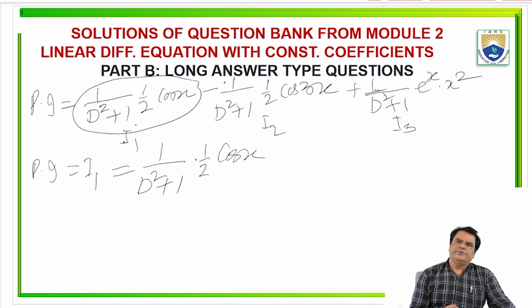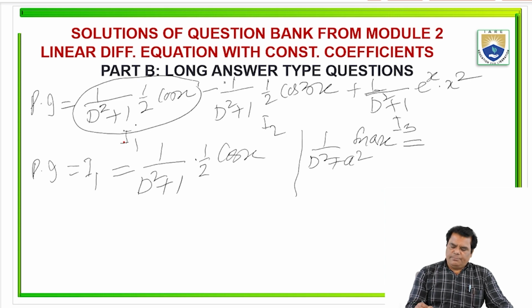So here we apply the formula. What is the formula of PI? 1 upon D square plus a square of sin ax, the answer of this is minus x upon 2a cos ax.